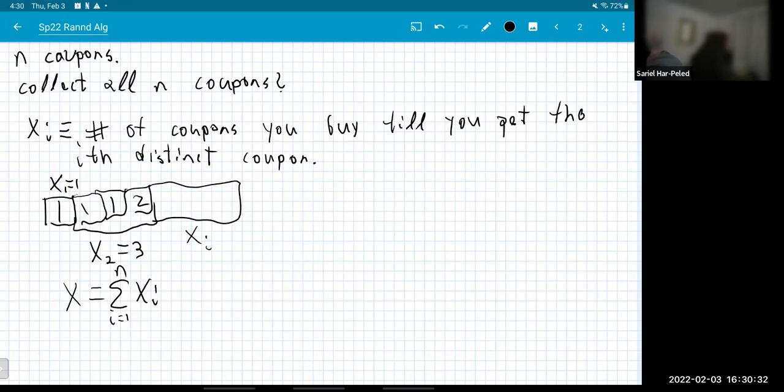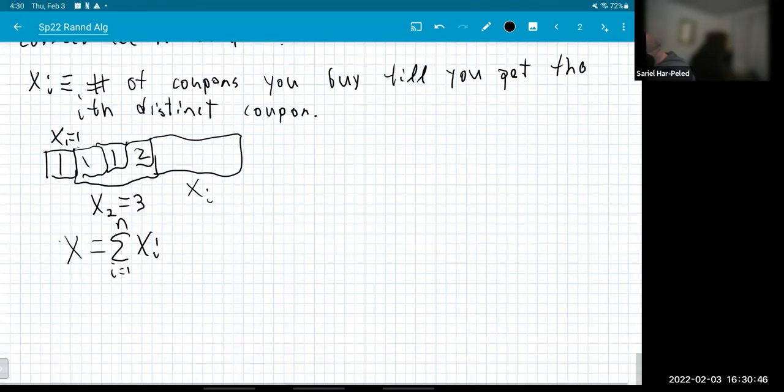I guess I defined it slightly different in the notes. That's okay. So this is going to be the total amount of time it takes you to buy everything. And now I'm going to prove a lemma. Or maybe I should just do the calculation directly.